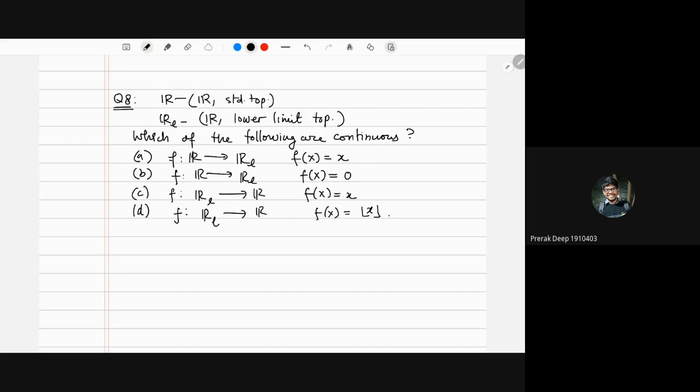Okay, so this is nothing but the largest integer less than or equal to x. Okay, so again I will wait for a couple of minutes and then we will discuss the solution.